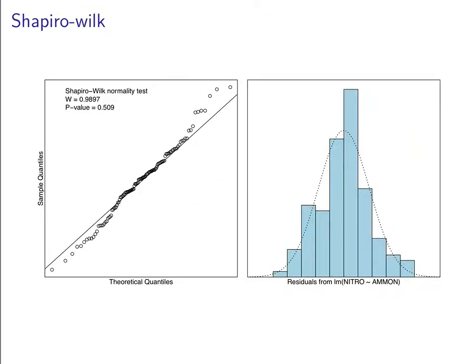And so we also need to test if the errors are distributed normally, and we can do this by using the Shapiro-Wilk test. As you can see, the p-value is pretty high, at 0.509, which is much higher than our alpha value of 0.05.